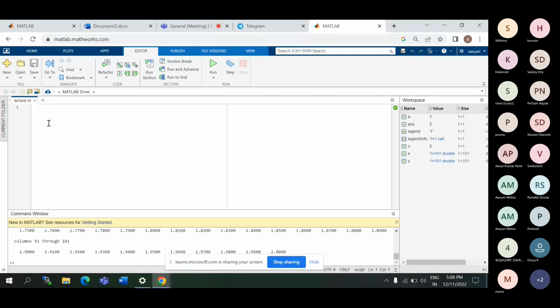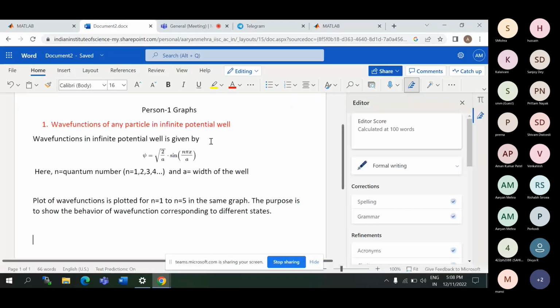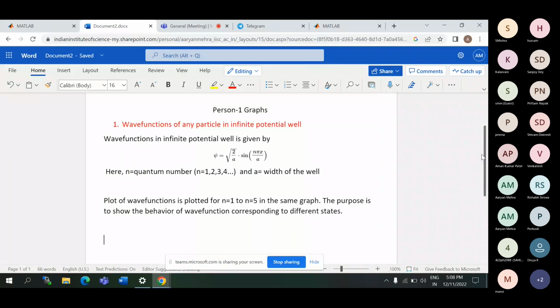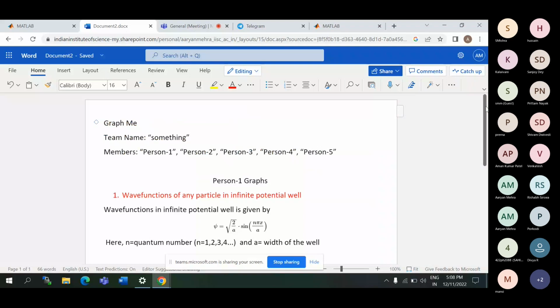Before we jump into how we write the code in MATLAB, let's see what code we want to write. Here is a document which we want to write. This is how you have to make your assignments for the game. Graph me.